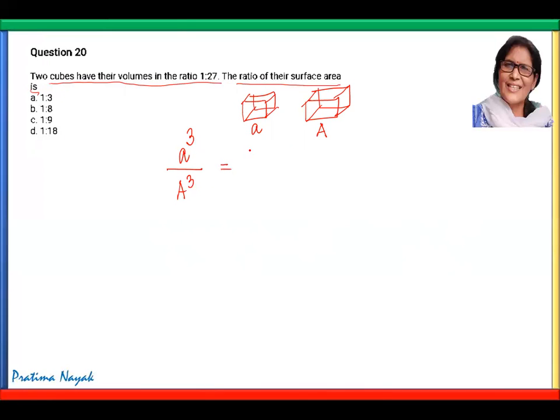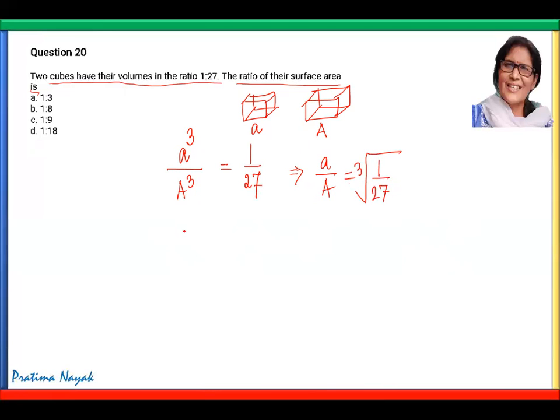This is given as 1/27. Now I'll get the ratio of side to side. So the ratio of their sides will be the cube root of 1 by 27.